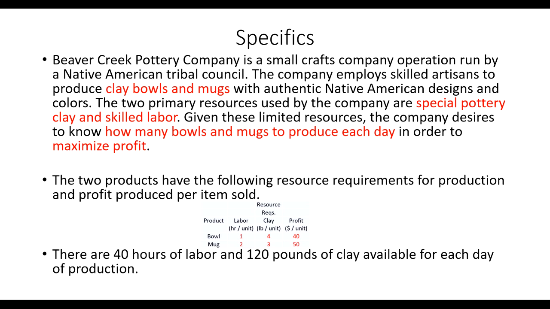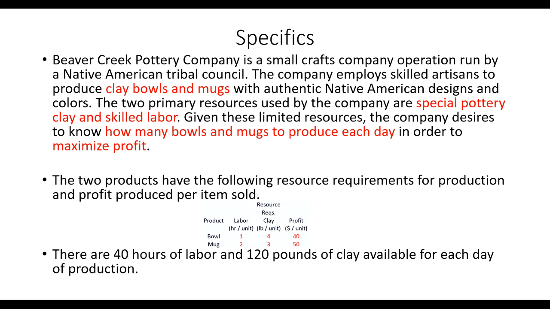Now, we also have another situation. We need to relate these two items to each other. So we have to find out what we are asking. The company desires to know how many bowls and mugs to produce each day to maximize profit. That is our ultimate goal in this situation.